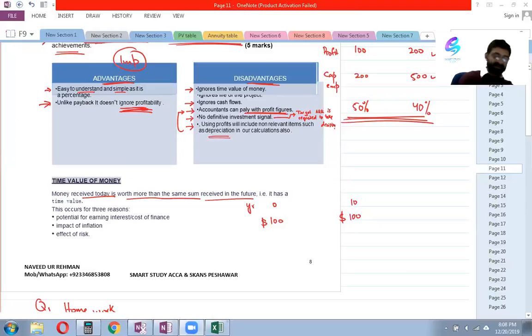Well, there are three reasons that you will be saying that we will go for $100 now, right? First of all, $100 now will be worth more, and after 10 years, because of inflation, the value of $100 will be lower, right? So that $100 after 10 years will be maybe equal to like $50.